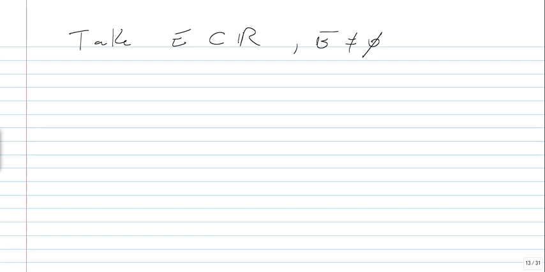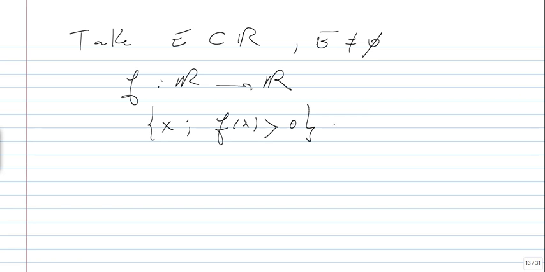And look how we can define a function f from R to R such that the set of x such that f(x) is greater than 0 is exactly E, and f is one-to-one. So you see, given any non-empty subset of R, I'm going to build a one-to-one map such that all the points where the function is positive is exactly E. So how do we do this?